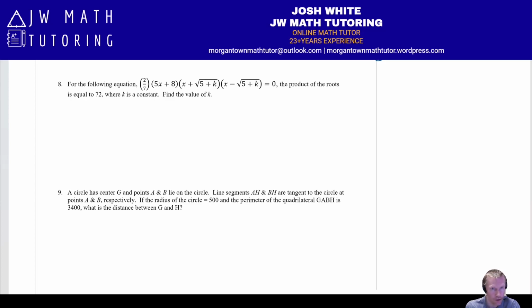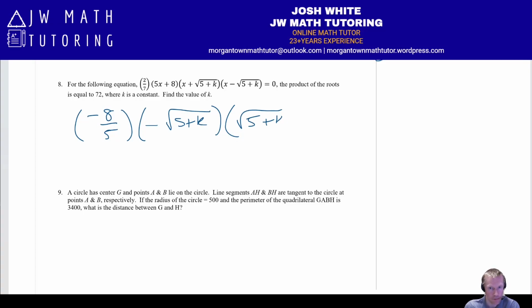If you're going to do this by hand, you would notice that the various roots we have to multiply are going to be negative 8/5 from the first parenthesis, then negative root 5 plus k from the second parenthesis, and then positive 5 plus k from the third parenthesis. The product of all these roots is equal to 72.